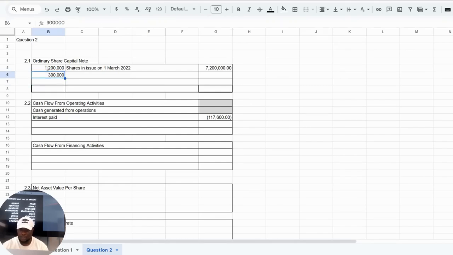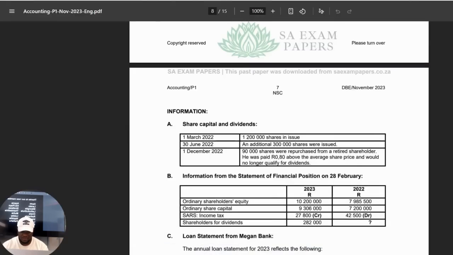Then we have the next information on the 1st of December. It says that 90,000 shares were repurchased from a retired shareholder, who was paid 0.8 above the average issue price and would no longer qualify for dividends. Here we don't have the average issue price. When repurchasing shares in the ordinary share capital note, we want the average issue price multiplied by the number of shares.